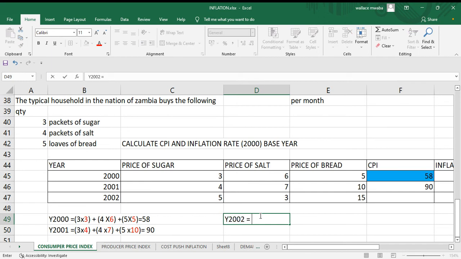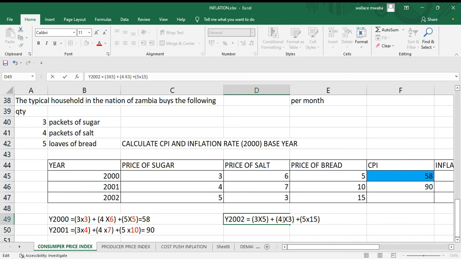And then we're going to say year 2002. The quantity of sugar still stays the same, 3 by 5, plus 4 by 3, plus 5 by 15. So let me just put these properly.